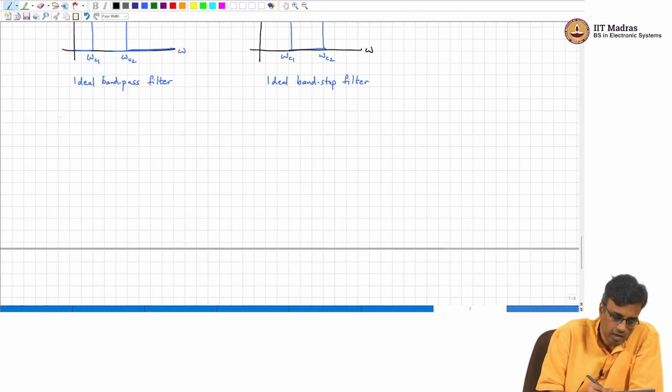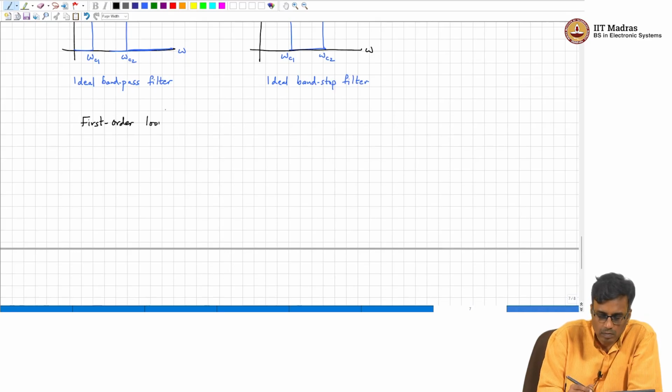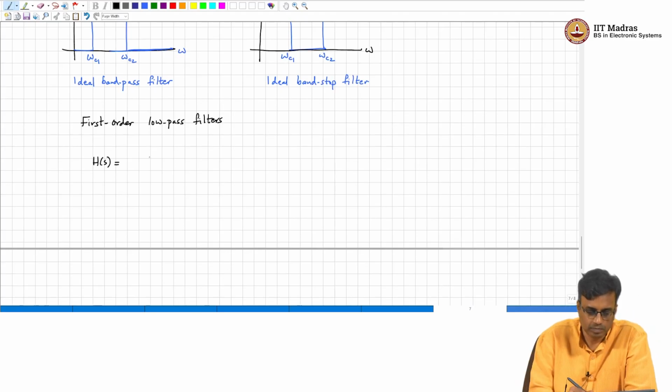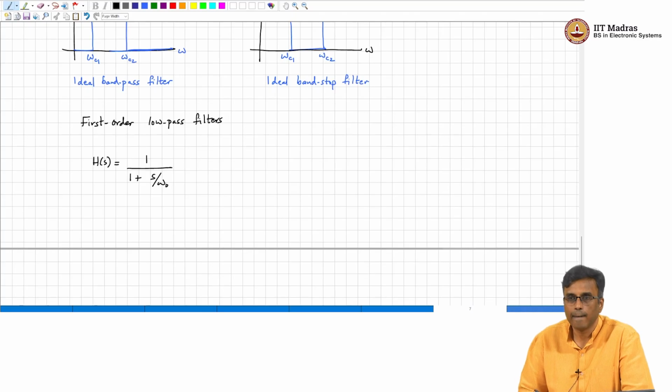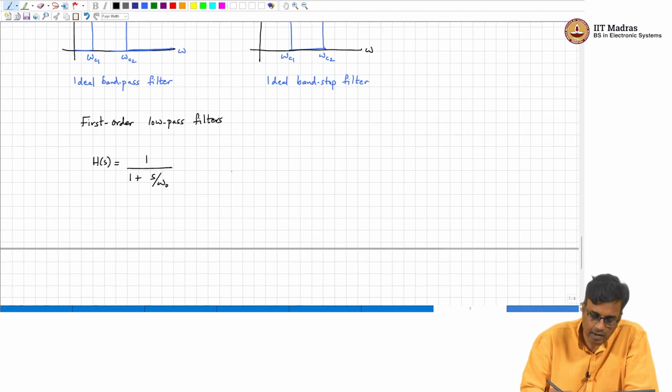So, first order. The transfer function H of s is nothing but 1 by 1 plus s by omega naught, right. And what is the magnitude of the transfer function?